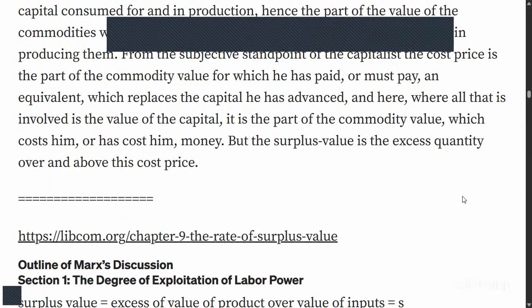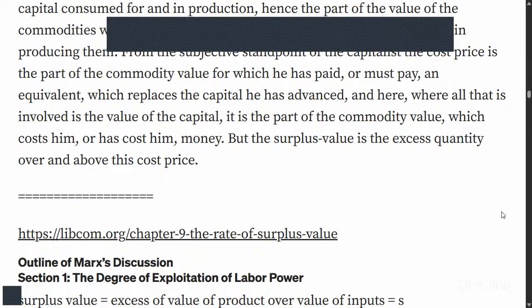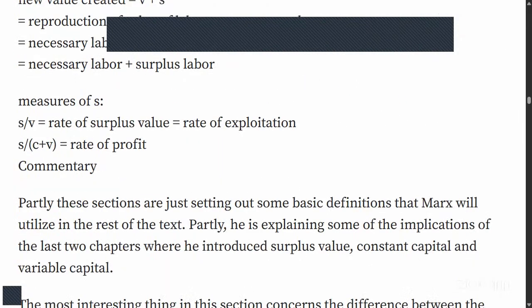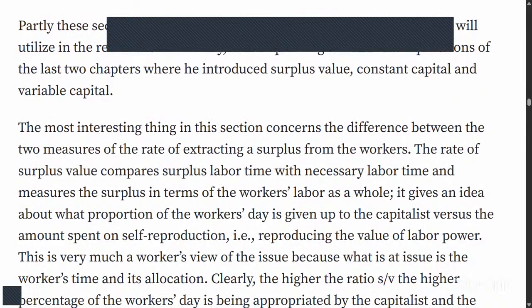I know that all may seem pretty clear to you. I've included in today's little talk an outline of Marx's discussion on the rate of surplus value, chapter 9, volume 1. This goes through what we just talked about in a slightly different version.